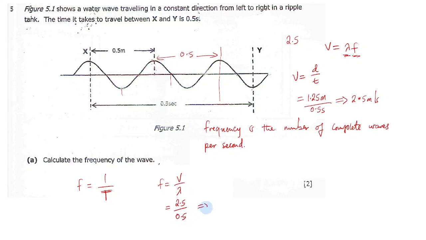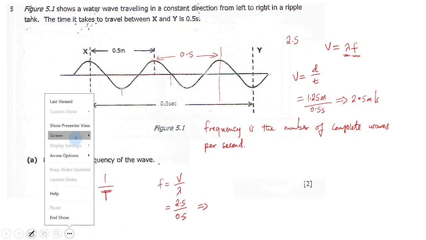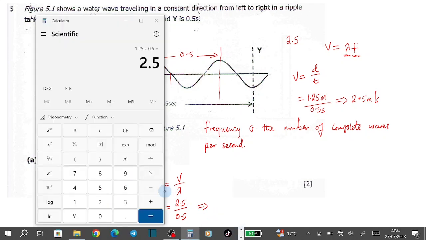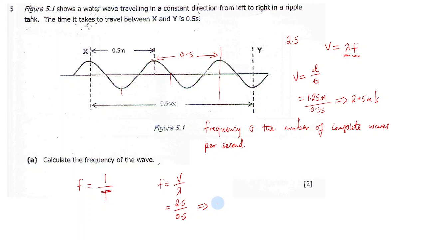So what are we going to get as the frequency? So let's see. 2.5 divided by 0.5, we are getting 5. So the answer will be this as the frequency. Then we'll move.